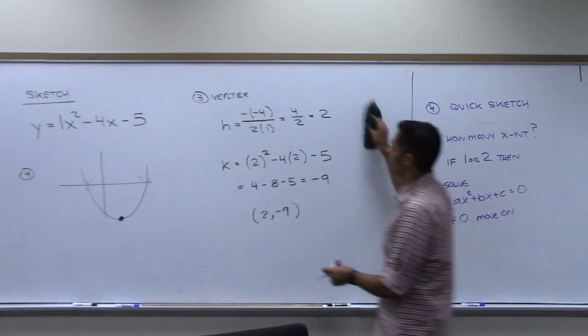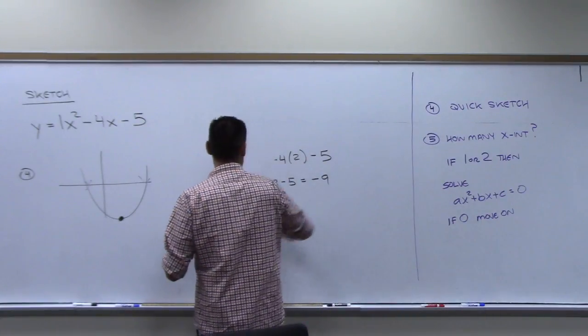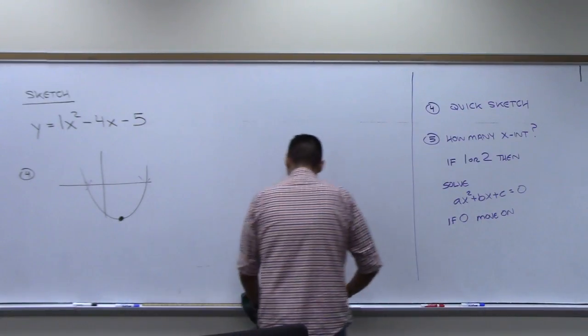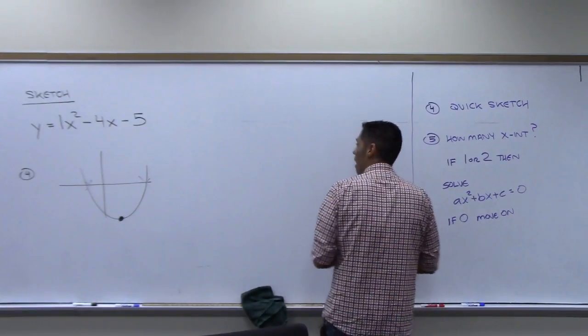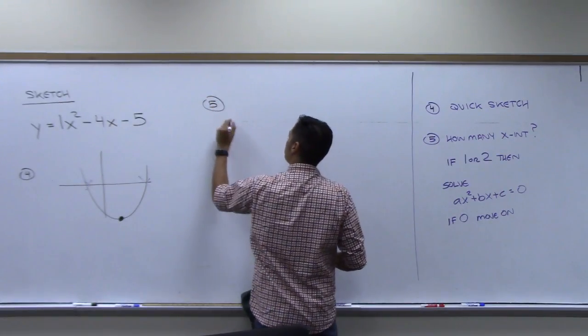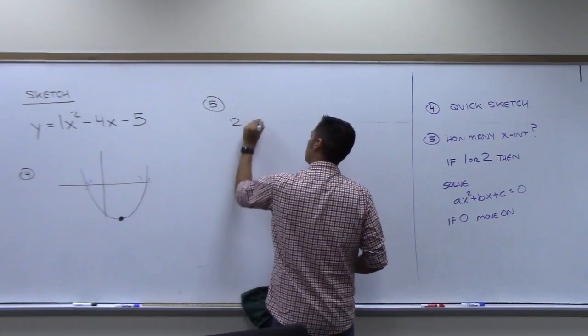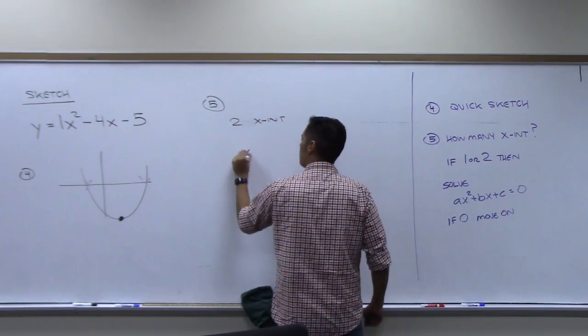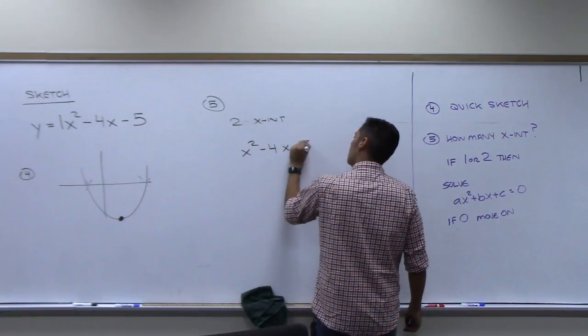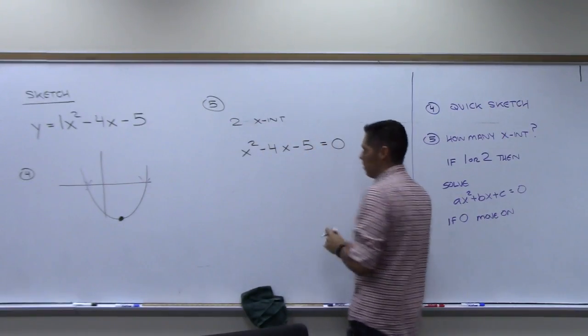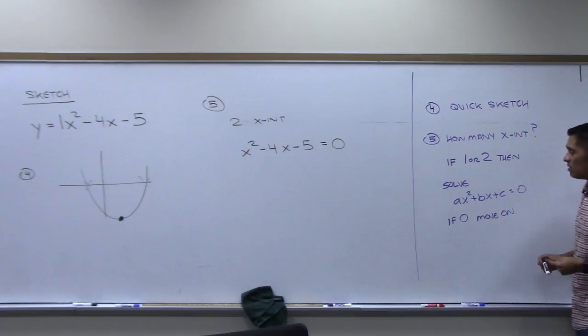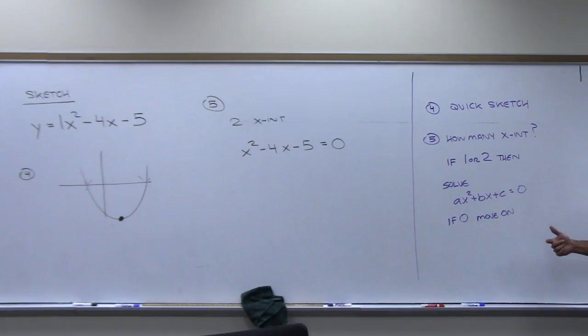Step 5 for us, I have how many? 2, right? Step 5, I have 2 x-intercepts. So I'm going to set the function equal to 0. Now, look, as long as I've been teaching, no book or other instructor or tutor that I've ever talked to does it this way. So if you go get help in the tutoring lab, I'm most certain they're not going to tell you to do this.